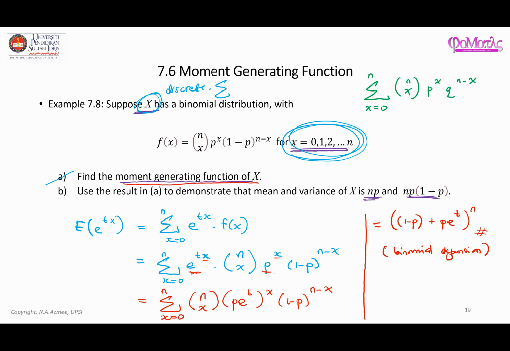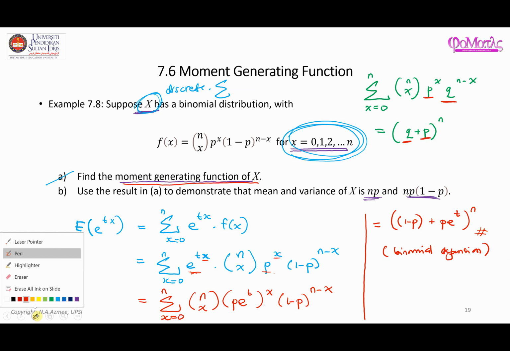According to the theorem given by binomial expansion, the whole thing is equal to (q plus p) to the power of n. So you take this q, p, and over here is n.